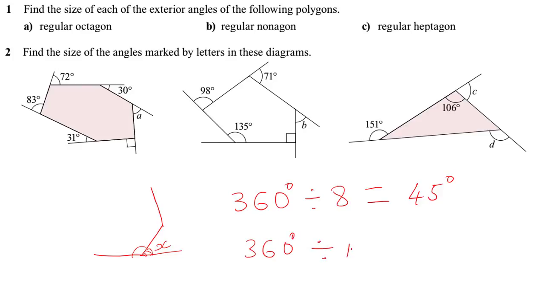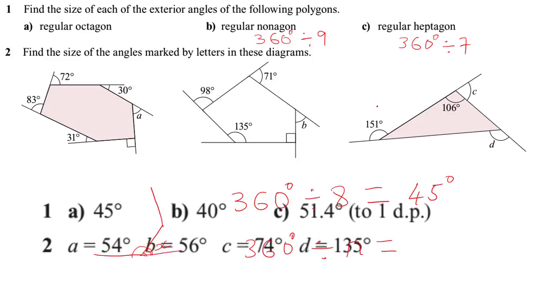The number of sides, we normally call it letter N. The number of sides here in our case is 8. Now, that's going to be the same thing you're going to do for question B and for question C. So for question B, you're going to divide 360 by 9 because nonagon means 9. And then for question C, you're going to do 360 divided by 7 because heptagon has got 7 sides. Okay, and the answers would be what you need.